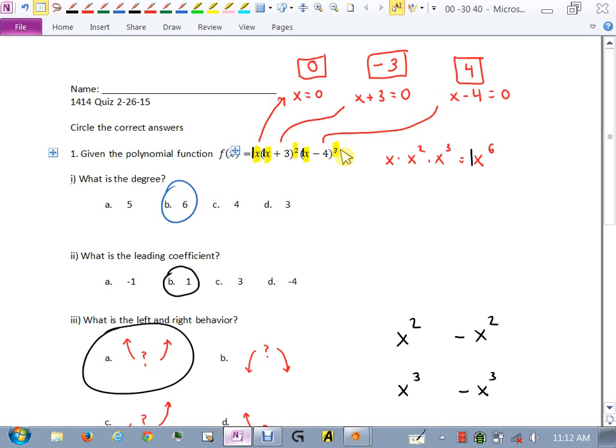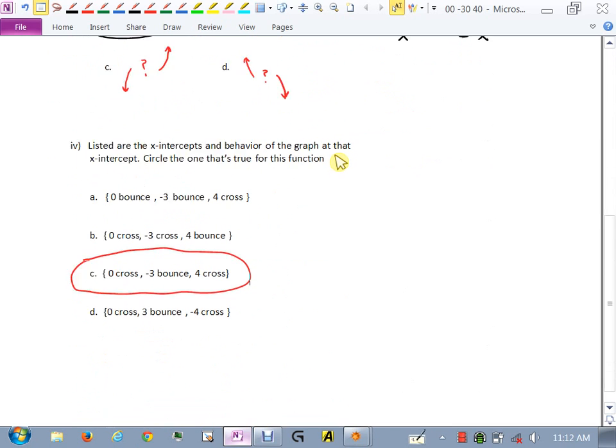So the reason why I chose these numbers, look, this x-intercept is 4, that's an even number. That has nothing to do with bouncing and crossing. But people will look at the number and say, oh, 4 is even, so it's going to bounce. That's not the case. You look at the power on the factor to determine the bouncing and the crossing. Understand? Questions? Okay, that's it.